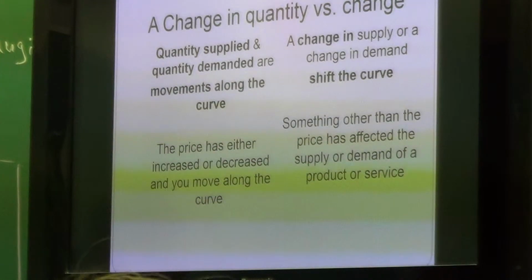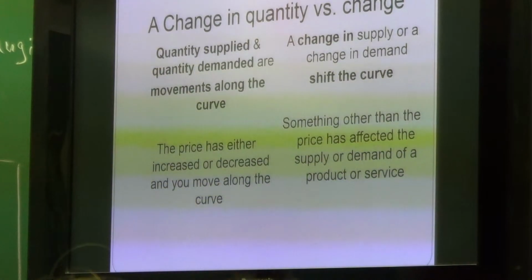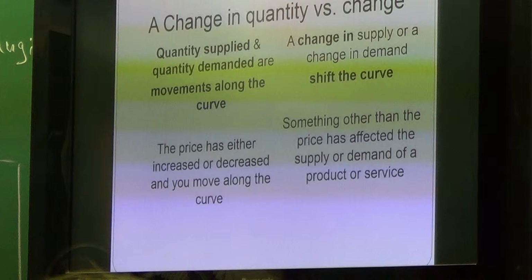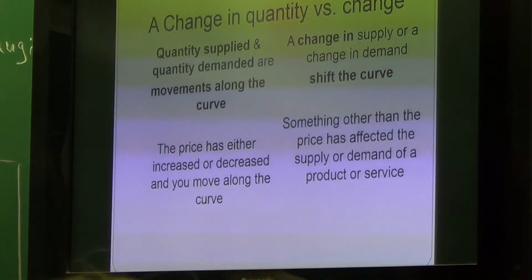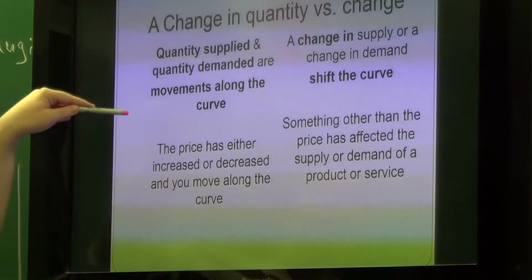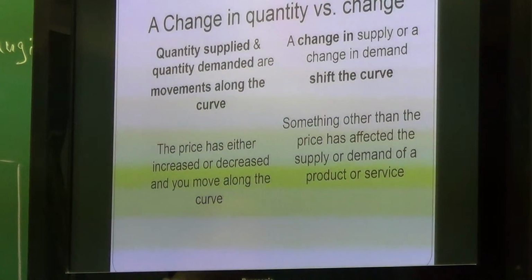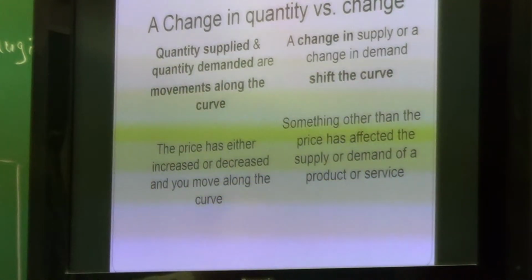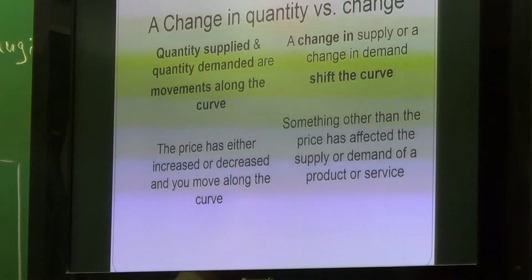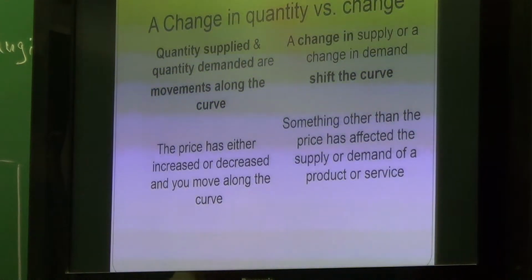Okay, so we're talking about just a movement along the curve, that could be either the demand curve or the supply curve, and in either direction. So this is a change in quantity, either supplied or demanded. And then a change in supply or a change in demand is a shift of the curve. So something other than price has affected the supply or demand of a product or service.